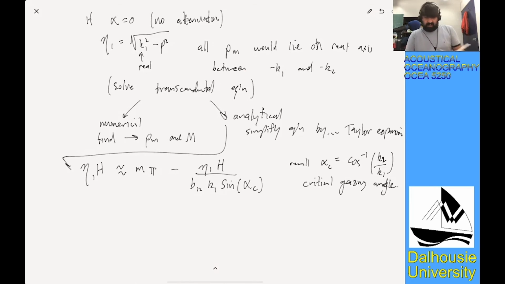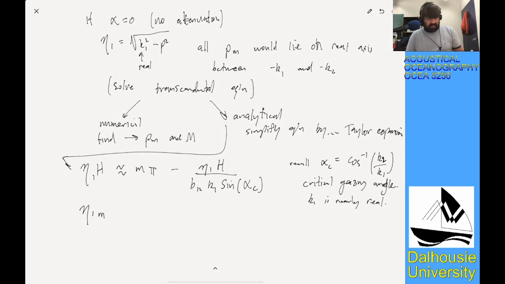And this is when K1 is nearly real. In other words, the attenuation of the water column is very, very small, which is true. So in that case, eta 1 m now, right?